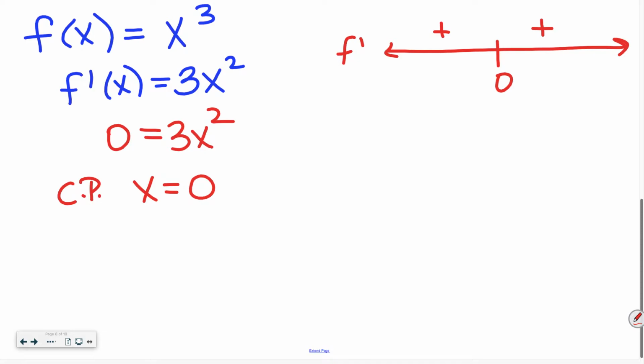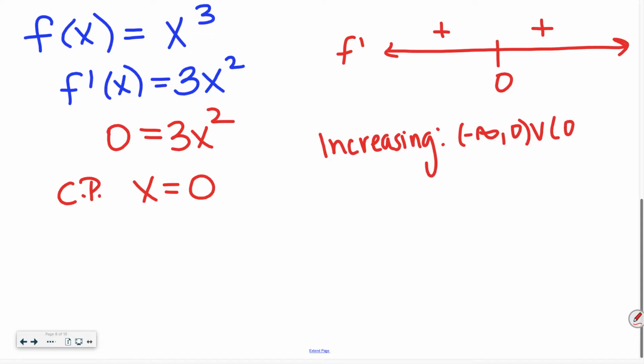So we get that critical point because our derivative is 0, but it doesn't change direction. If I asked you for the increasing intervals of this function, you would have to tell me -infinity to 0 and 0 to infinity. You could not say -infinity to infinity because at 0, the derivative is 0, not positive.